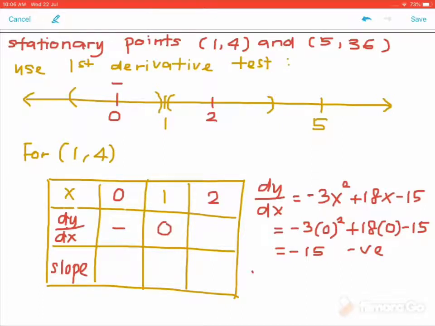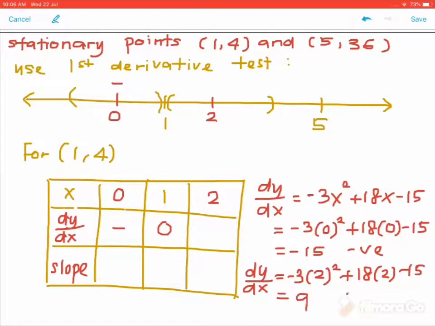Now we substitute 2 into our dy/dx. We get negative 3 times 2 squared plus 18 times 2 minus 15, which gives a value equal to 9, a positive value.